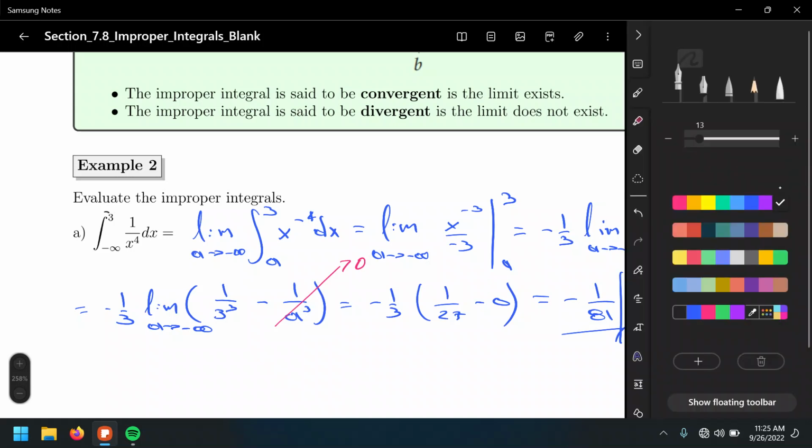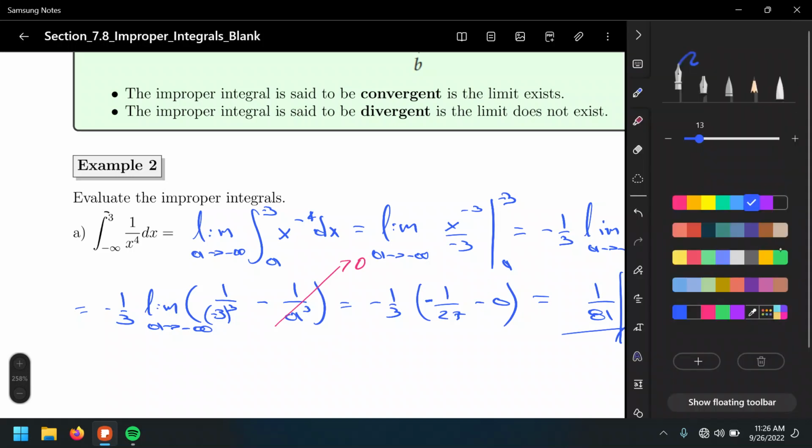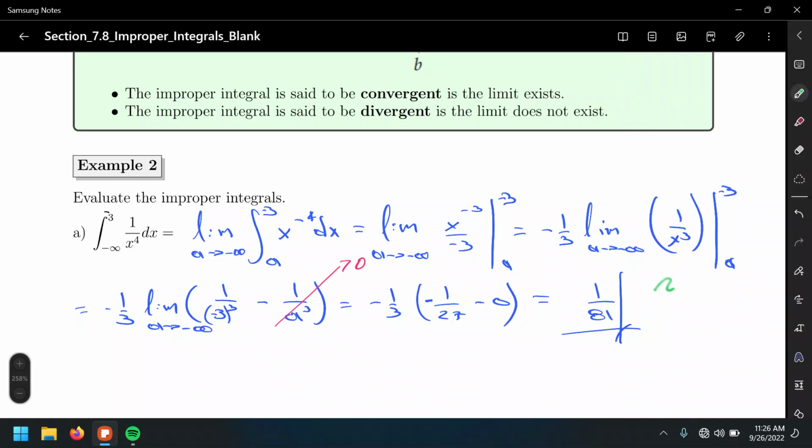So that's going to be negative 3, negative 3, negative 3. That's going to be negative 1 over 27, giving us a positive 1 over 81. So that must be a lot better in this case. Thank you for that. And for this reason, because our limit is a finite value, the integral converges.